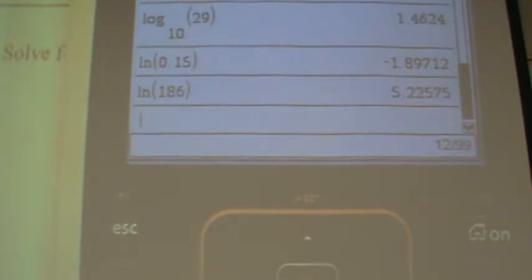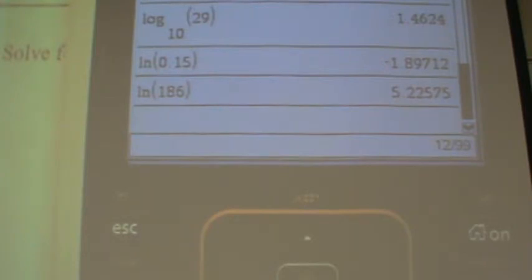5.22575. So if we rounded it to the nearest, let's do this. If I asked you to round to the nearest tenth, what answer would you give me? 5.2. If I said round to the nearest hundredth, 5.23. What if I said round to the nearest thousandths? 5.226.